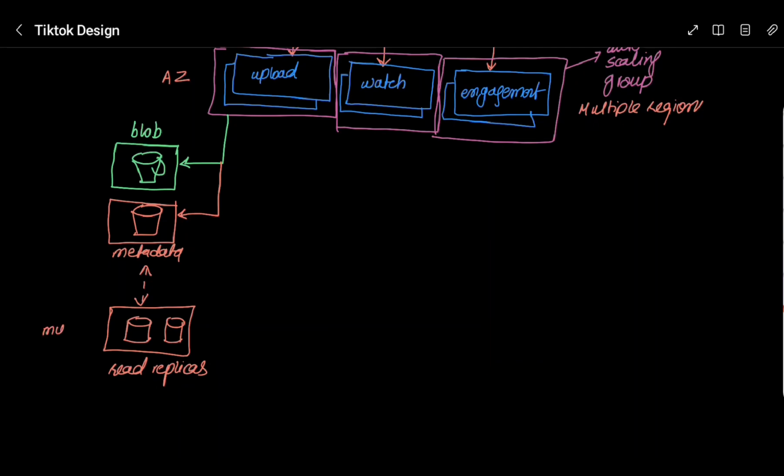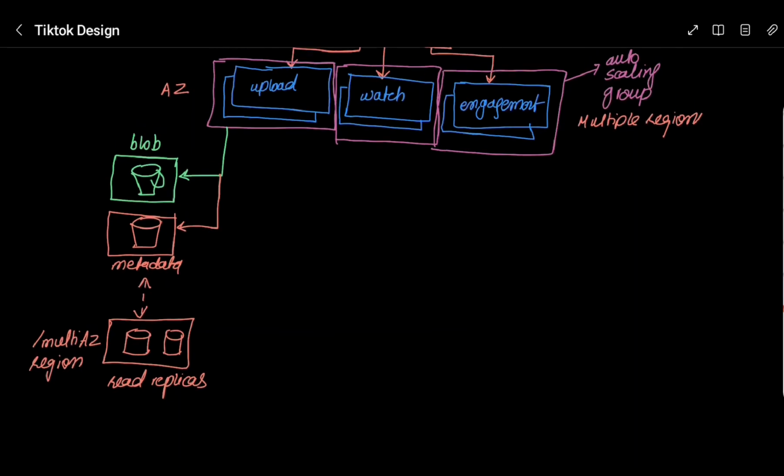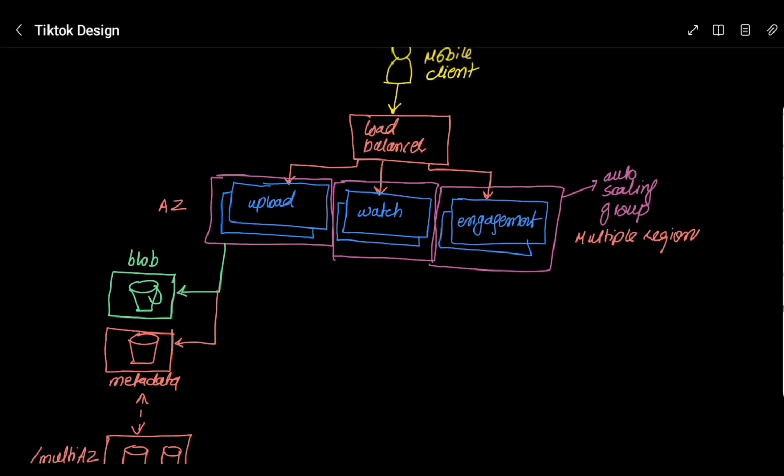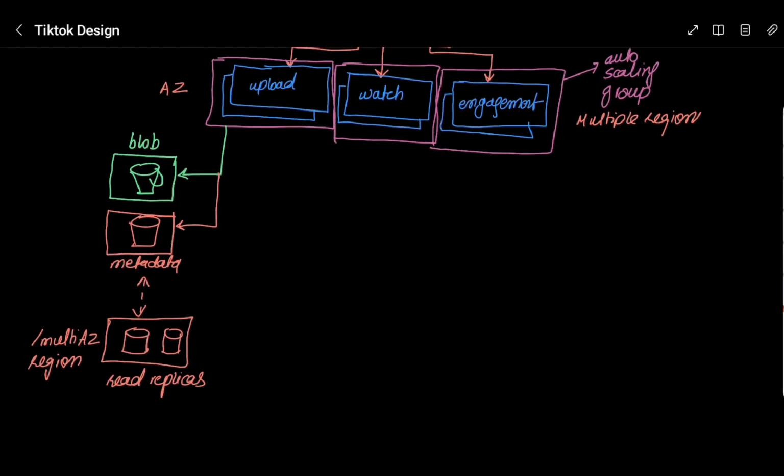These can be multi-AZ as well, residing in multiple availability zones or regions. It's your call. So this solves certain factors of reliability and being available. All right. And also fault tolerance in some capacity. So I think we're done in terms of uploading.